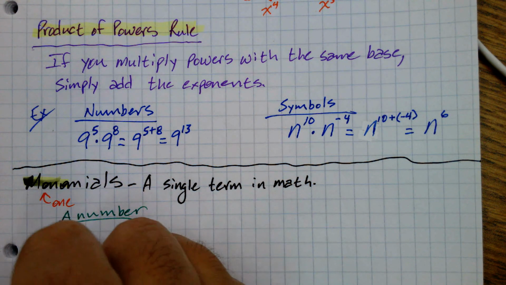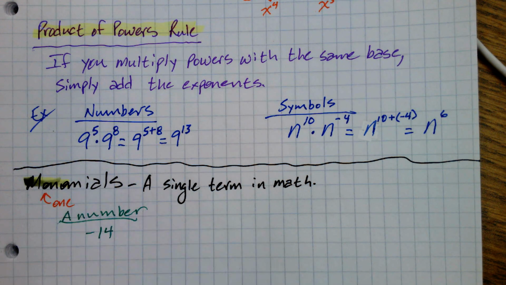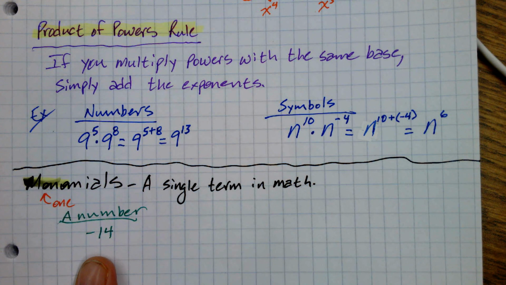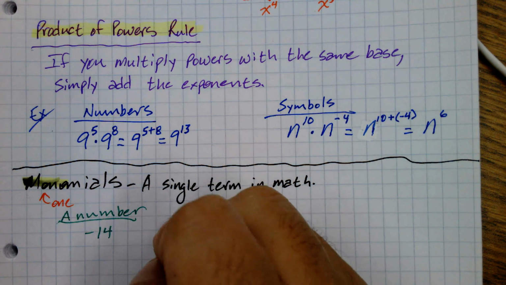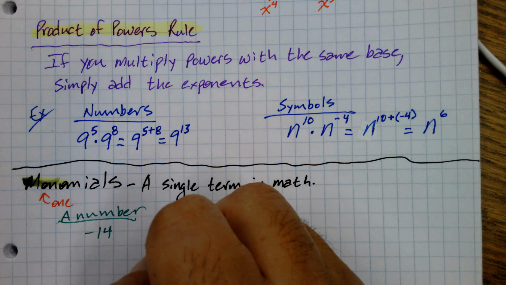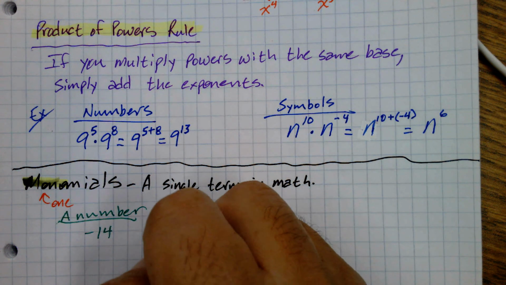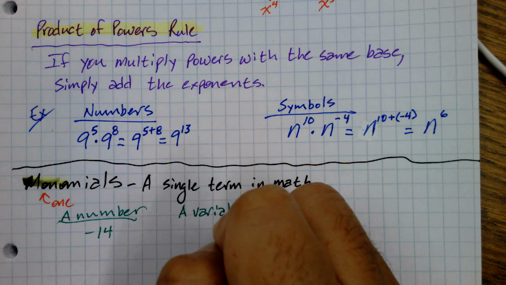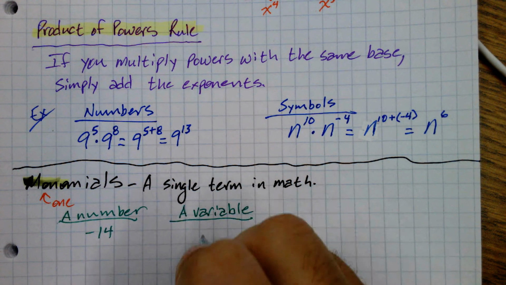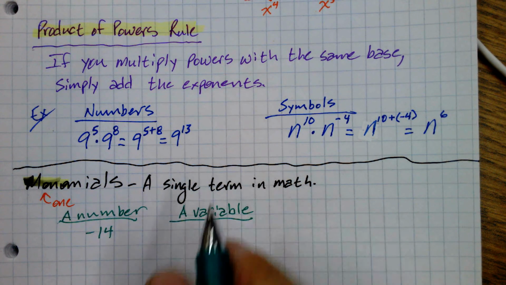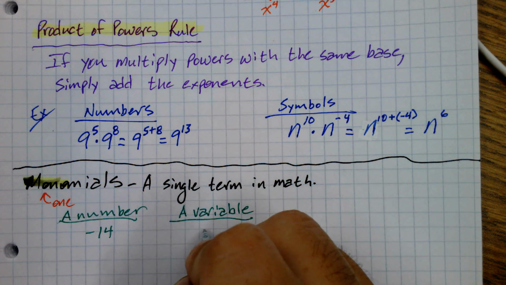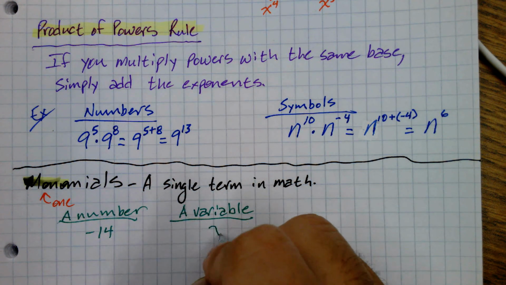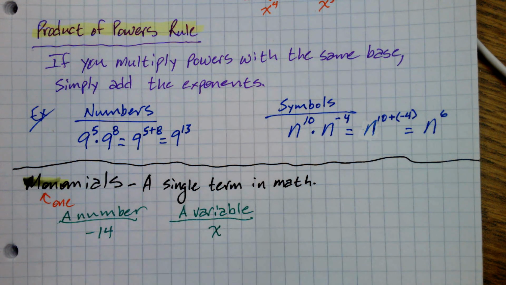So negative 14, that's a monomial. Just the number negative 14. Positive 2, just a single number. 1 billion is a monomial. It could be a variable. Let's see, x, because that's my favorite variable.